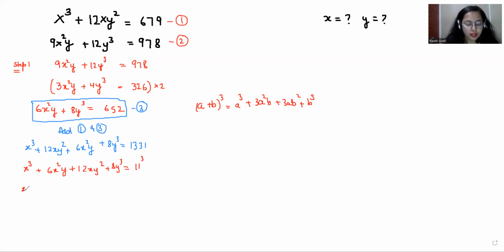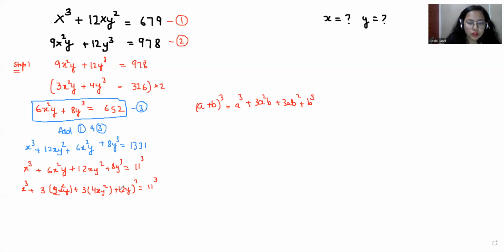So this is x cube plus 3 times 2x square y plus 3 times 4xy square plus 2y whole cube is equal to 11 cube.